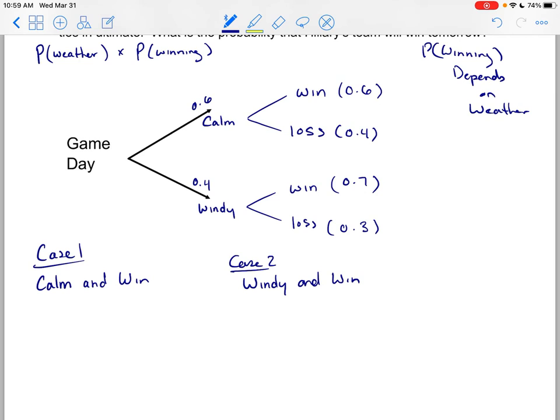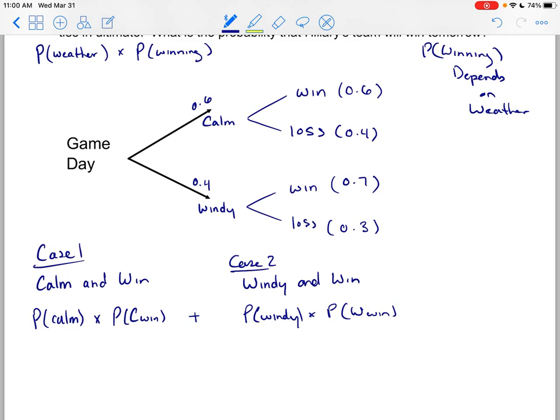So we have the probability that it's calm times the calm win. So I'll do a capital C win. And that's going to be plus the case where it is windy and a windy win. So I'll distinguish those.